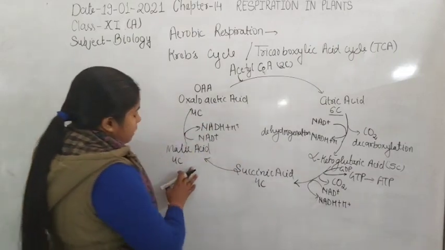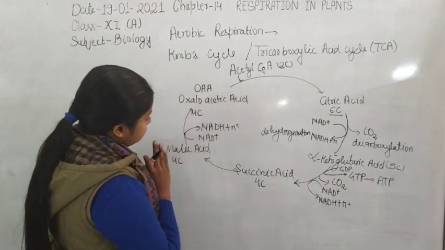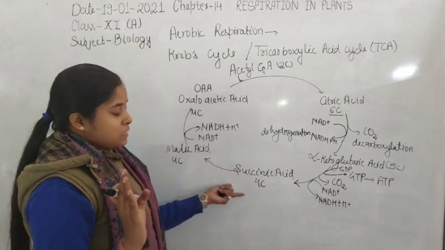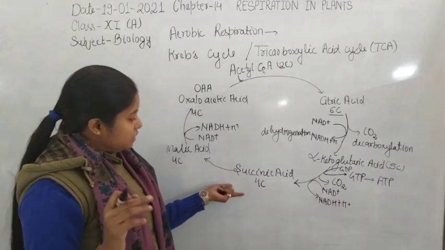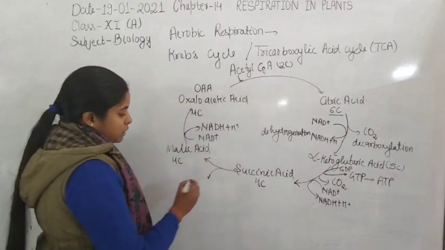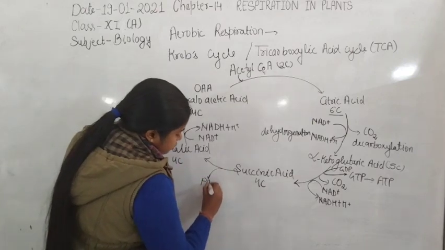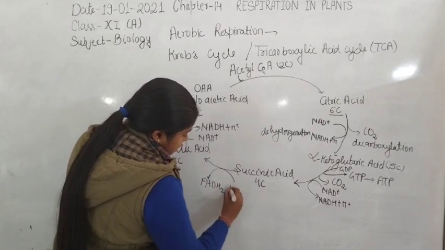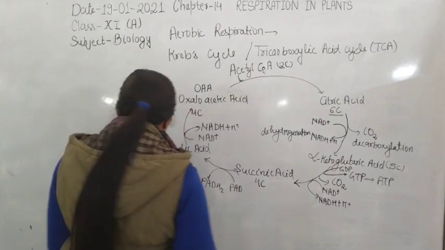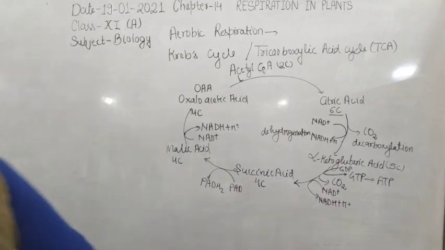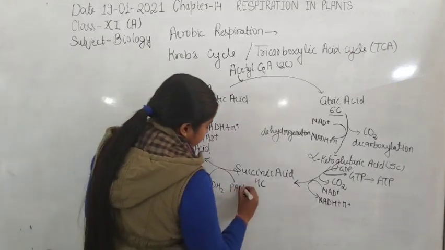Now in the formation of succinic acid, again a dehydrogenation process takes place, in which FADH2 is formed from FAD.